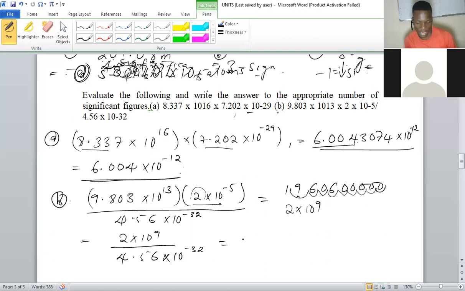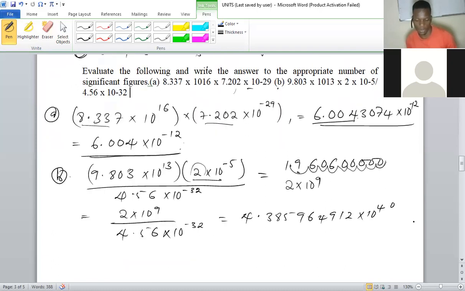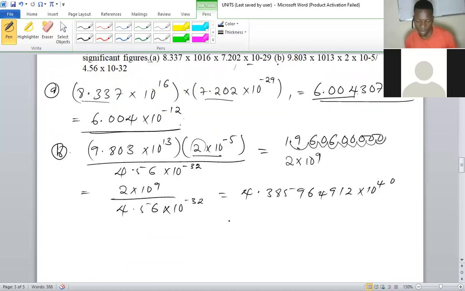So we have 4.3859649 times 10 to the power 40. We also have to express this properly, as people who know the rules of significant figures.